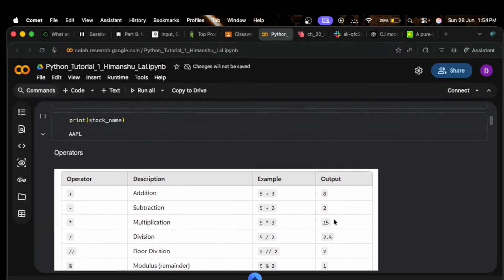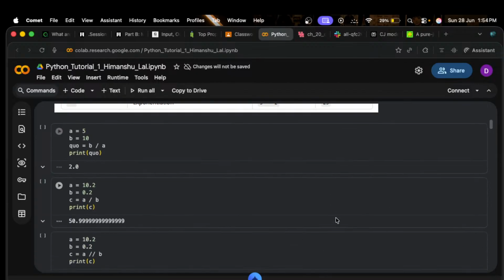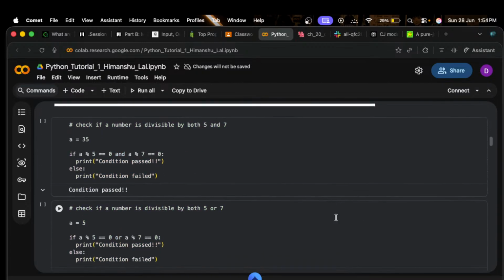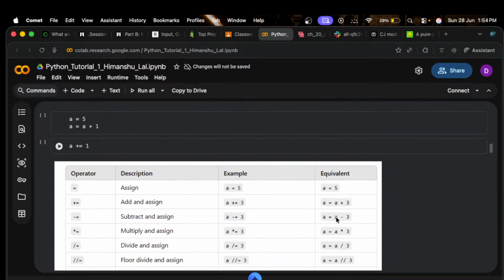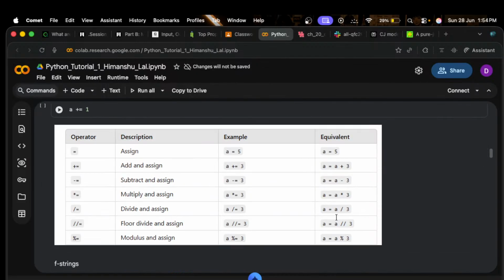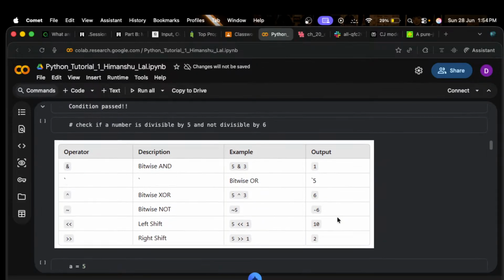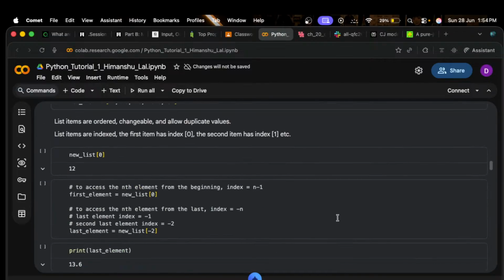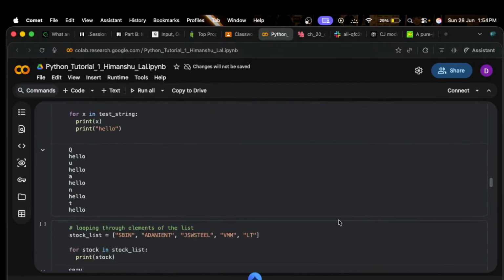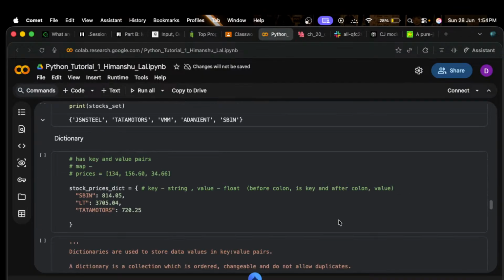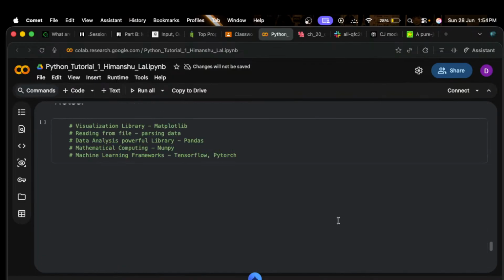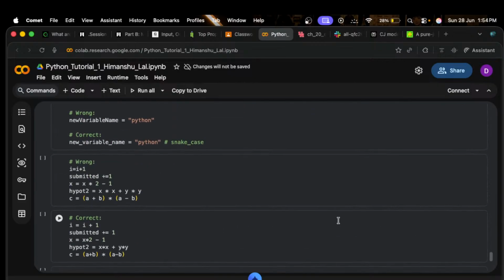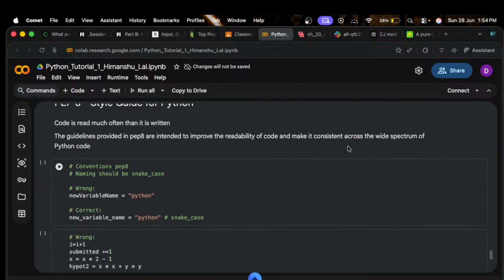Okay, so we read till operators. There are a lot of operators. I have to revise some of the functions. Okay, fine.